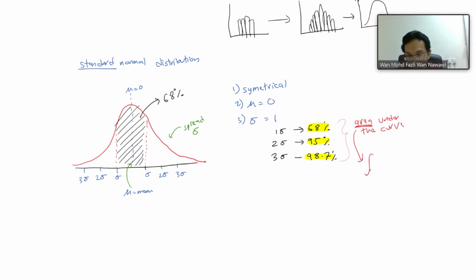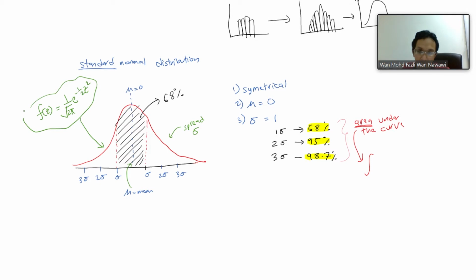Okay, but the function itself, if you want to see the function, is like this: f(z) equals 1 over the square root of 2 pi, e to the power of negative z squared over 2, and then it just grows. I mean, the function itself is difficult to integrate. The idea is that.